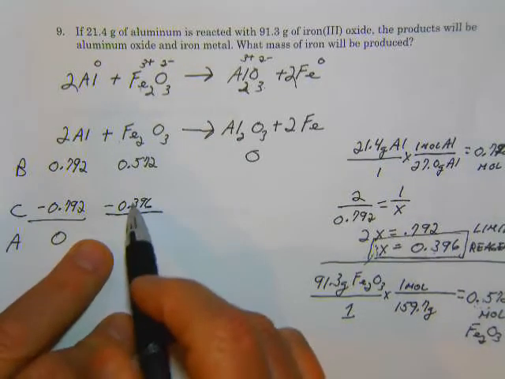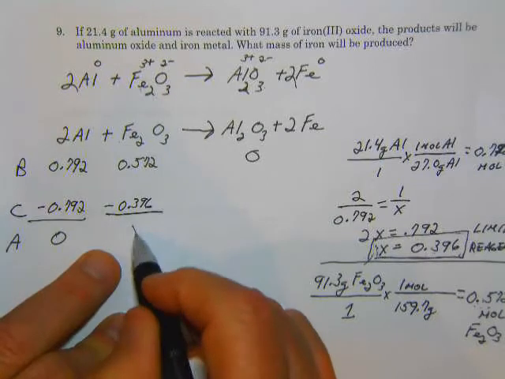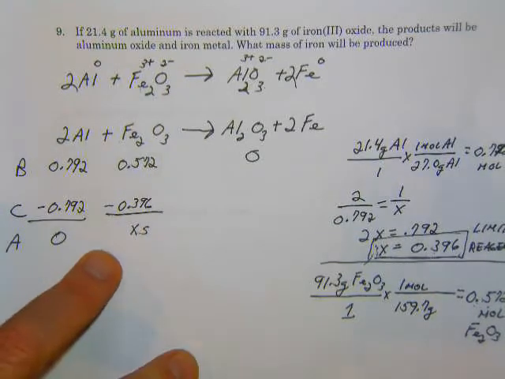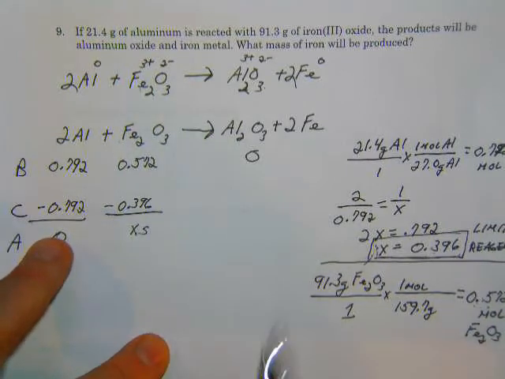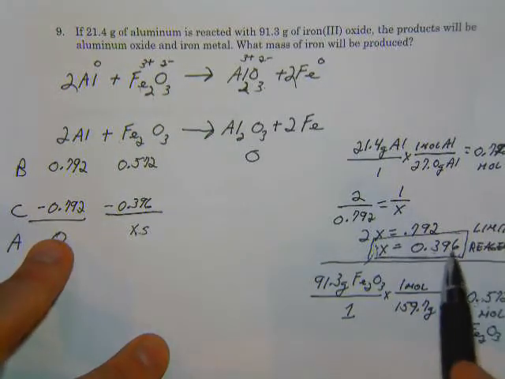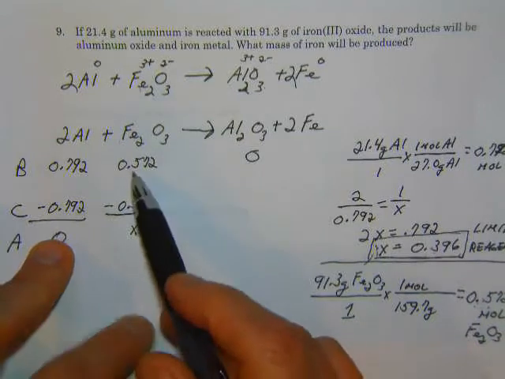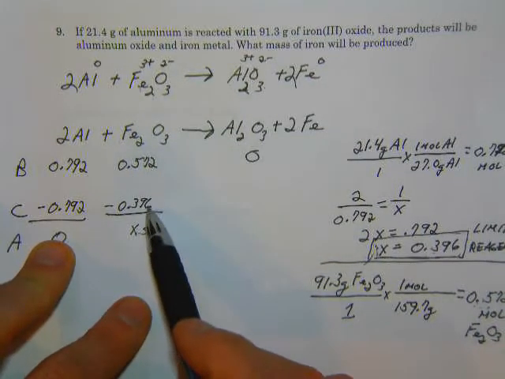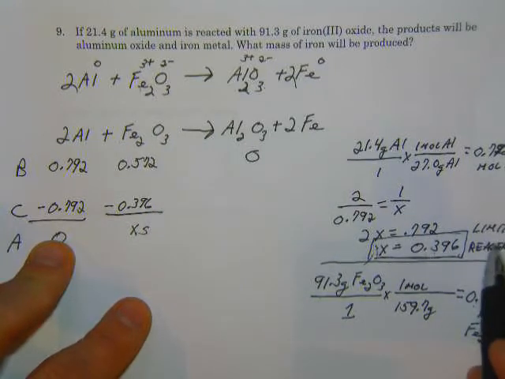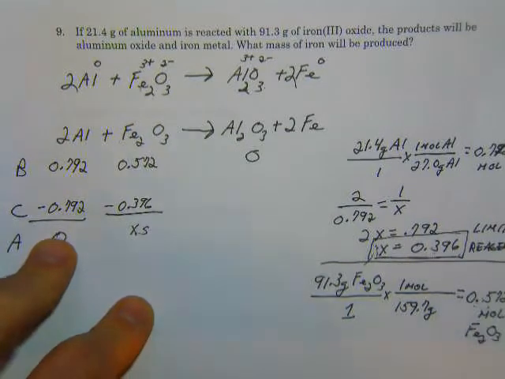So where you see that this definitely is going to be in excess. And this is the key. You can only use up what the limiting reagent is. There's going to be some extra there. So you're just going to use up the amount that is dictated by the limiting reagent. Likewise, you can only make the amount that is dictated by the limiting reagent.